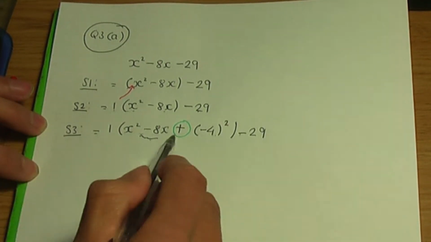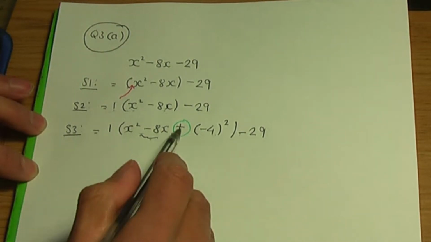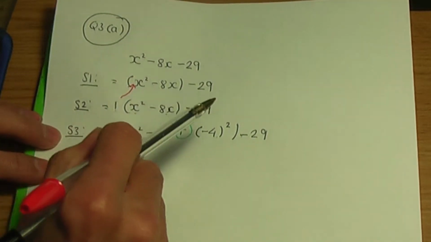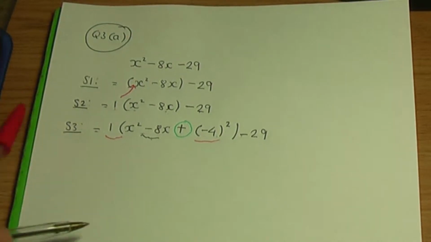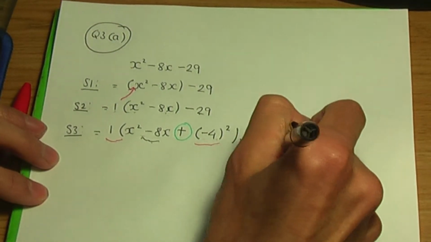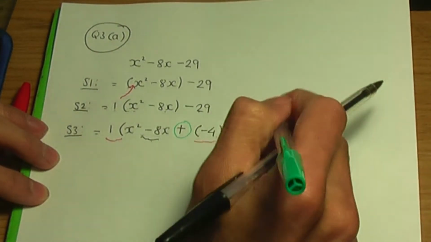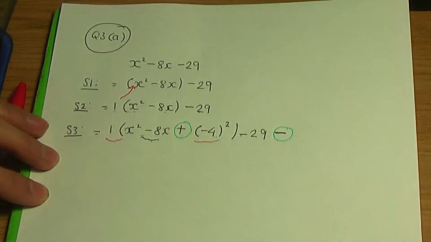Now in maths, you can't simply add something, you need to subtract something as well. We're adding 1 times minus 4 squared, so you need to subtract what you've added. So 100% subtract outside. It's always add here, always subtract here.